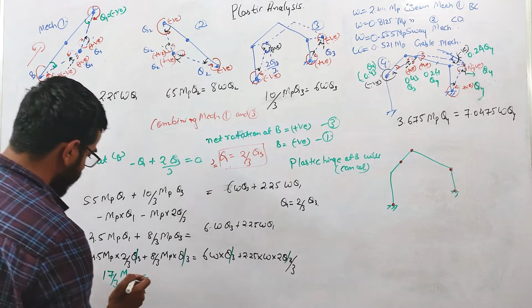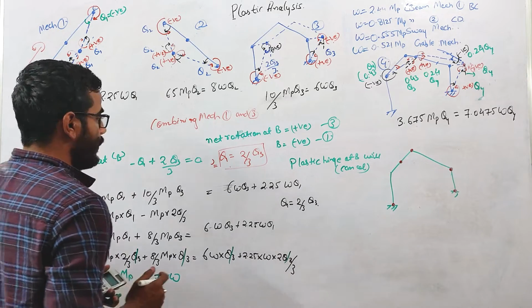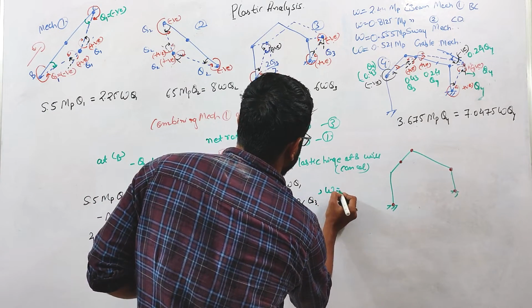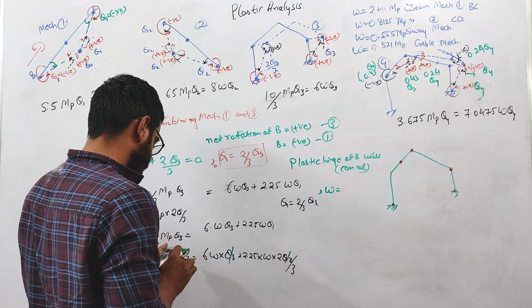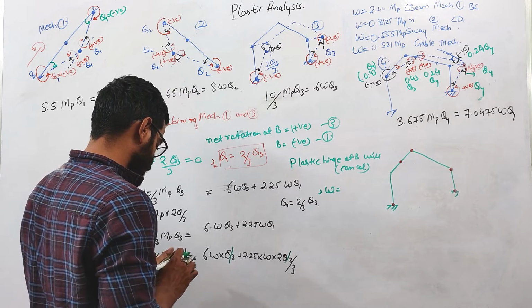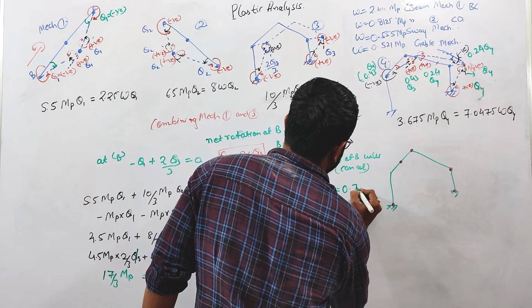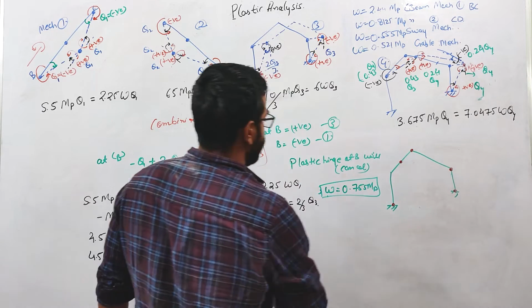So this is 7.5 W, right? So from here, the critical load W comes out to be 17 divided by 3 divided by 7.5, which is 0.755 MP, okay?